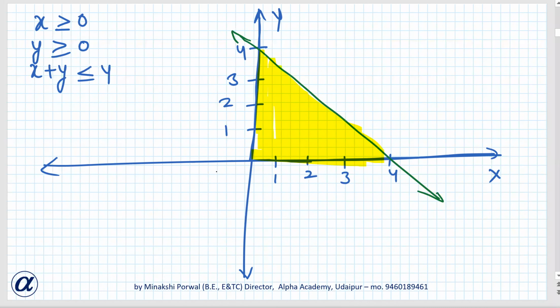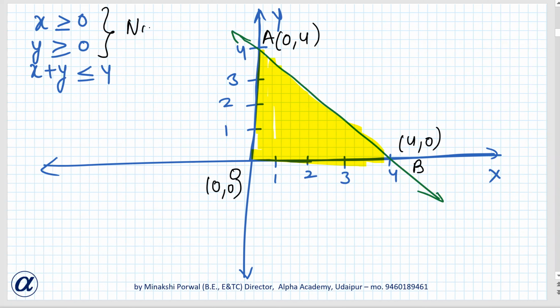The points are 0, 4, 4, 0, and 0, 0, so O, A, B. These are corner points. You can write that these are the given non-negative constraints, and this is the other constraint, and the objective function is z equals 3x plus 4y.